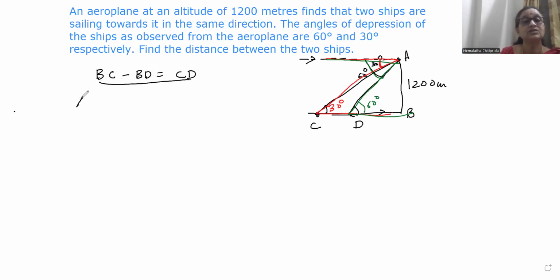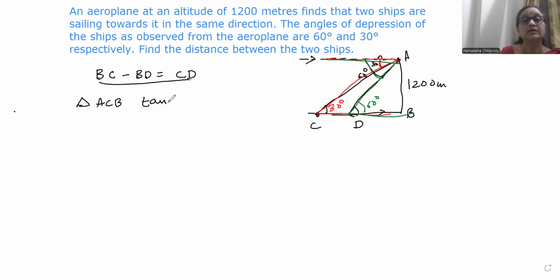Let us take the triangle ACB. In this triangle ACB, we are going to use the trigonometric ratios. Now AB is the height and CB is the base, that is the adjacent side. Whenever we have the height and adjacent side, we use the trigonometric ratio tan.